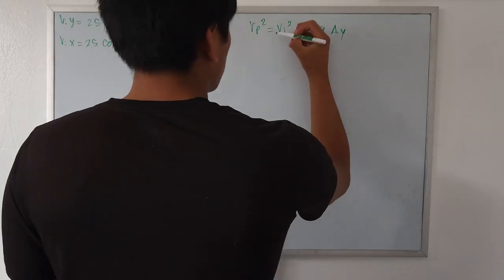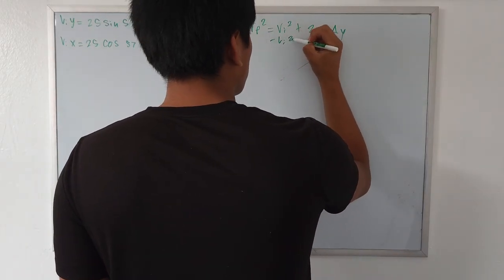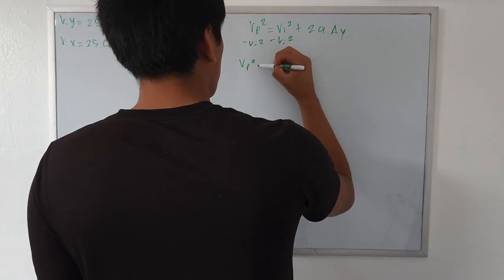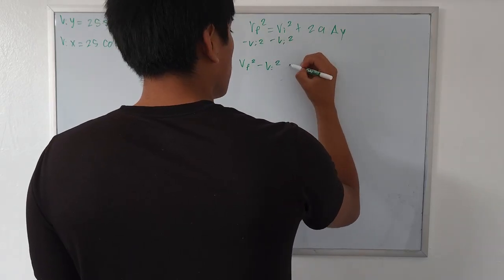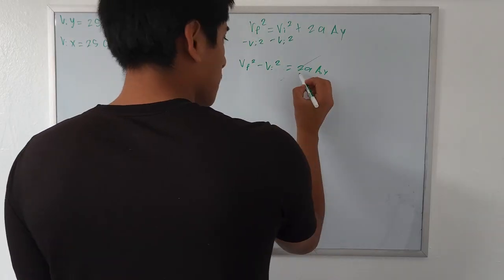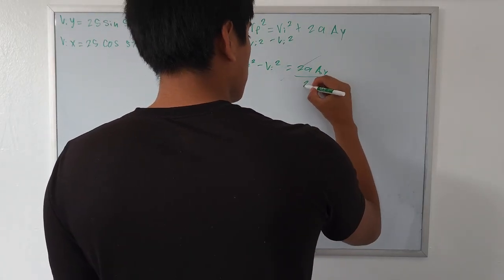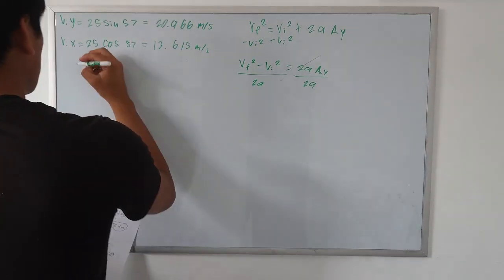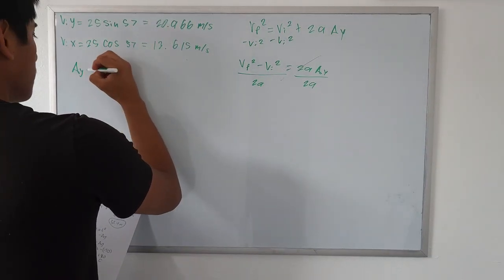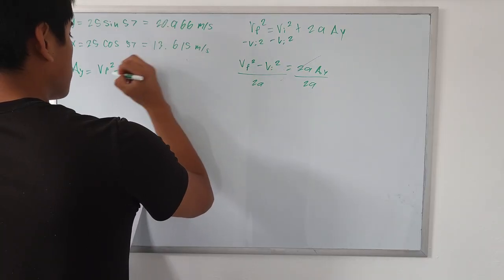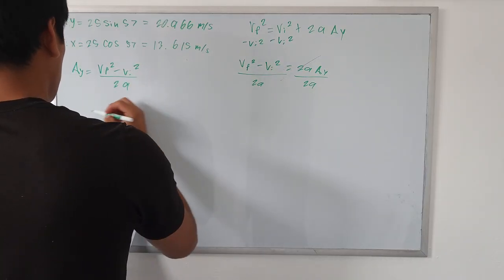We subtract vi squared, so now we have vf squared minus vi squared equals 2a delta y. Dividing both sides by 2a, we get that delta y equals velocity final squared minus velocity initial squared over 2a.